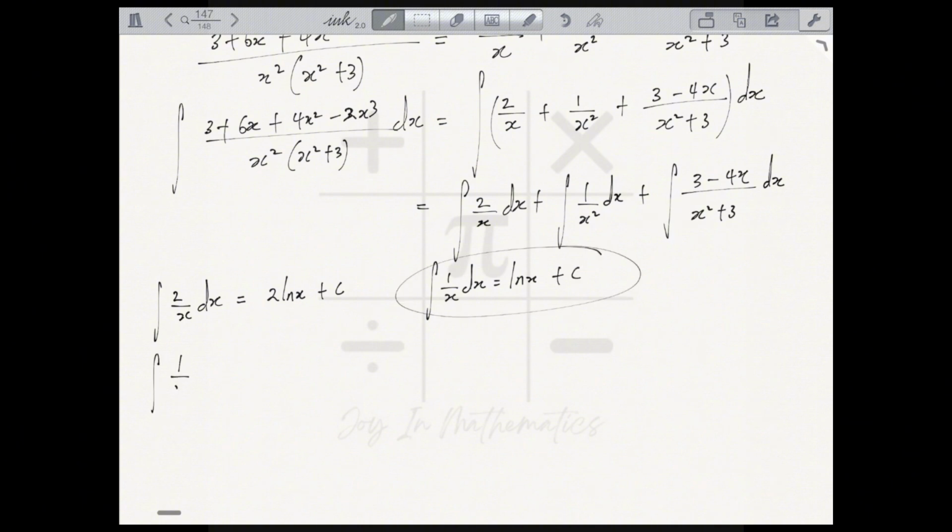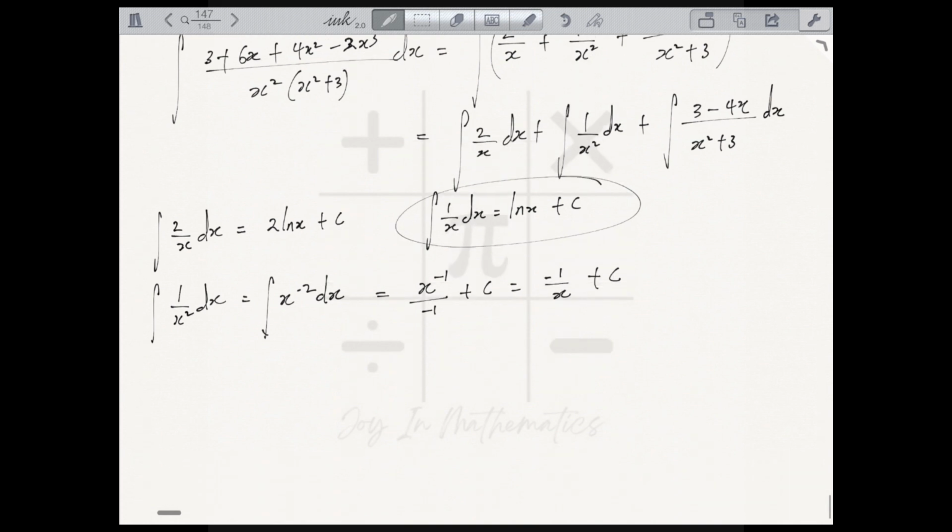Now the integral of 1/x² dx can be written as the integral of x^(−2) dx, and integrating x^(−2) will give x^(−1)/(−1) + c, and this will give us −1/x + c.